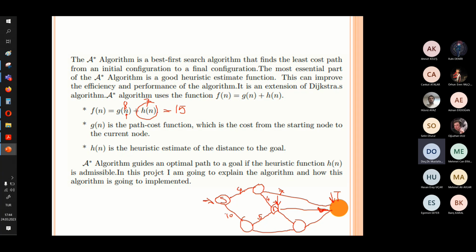But A star doesn't guarantee you the best path, but mostly it works out. And what is the trade-off for this? Because we spend so little time to calculate the path, using A star is more beneficial to solve complex problems within a short time, even though it is not the optimal solution.